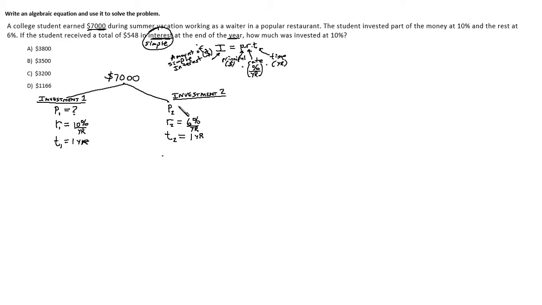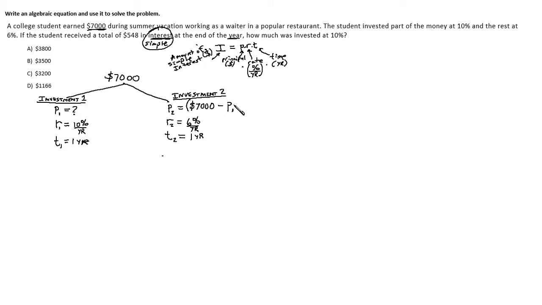But we can come up with an expression for how much he would have left out of his $7,000 for investment 2. If he has $7,000 to begin with, what he would have left for investment 2 is $7,000 minus the amount of money he put into investment 1.